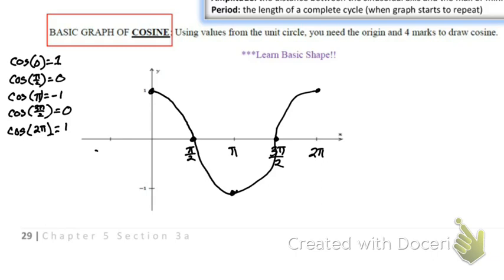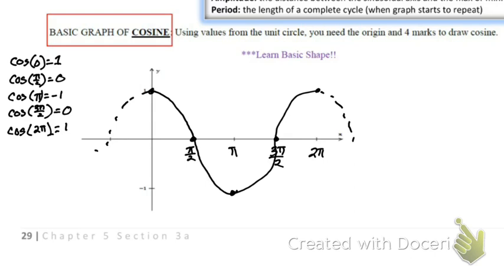But don't forget, that looks almost identical to the sine graph. Because if I was to continue this on, it would look something like that. Then going the other way, it would look kind of like that. So they're just curves that go up and down. Your job is to remember which one starts where, because they look very close to each other.